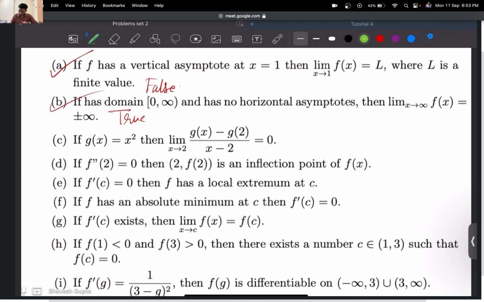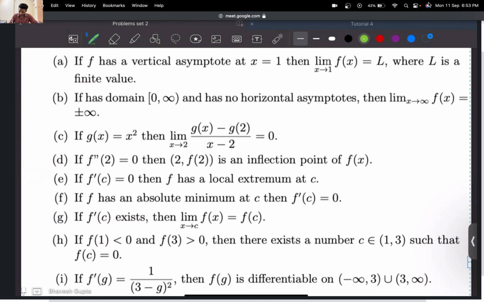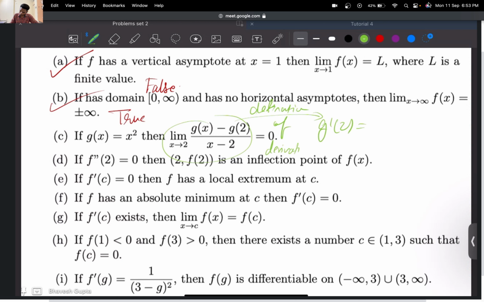By the way, this is the definition of differentiation at 2. That's a definition. I mean, definition of derivative at x, sorry, at x equal to 2.